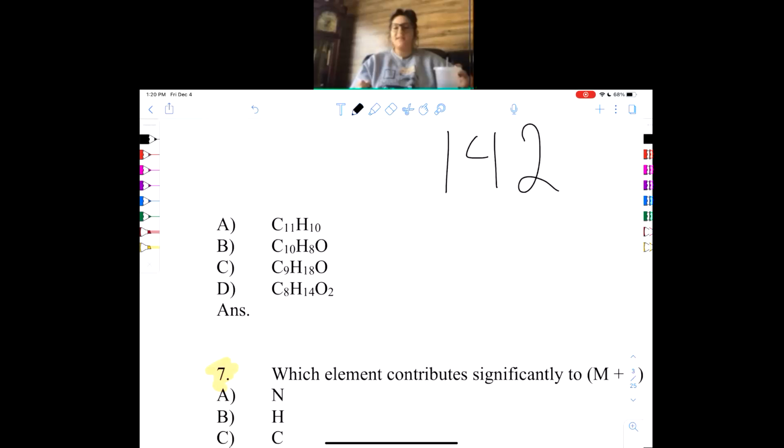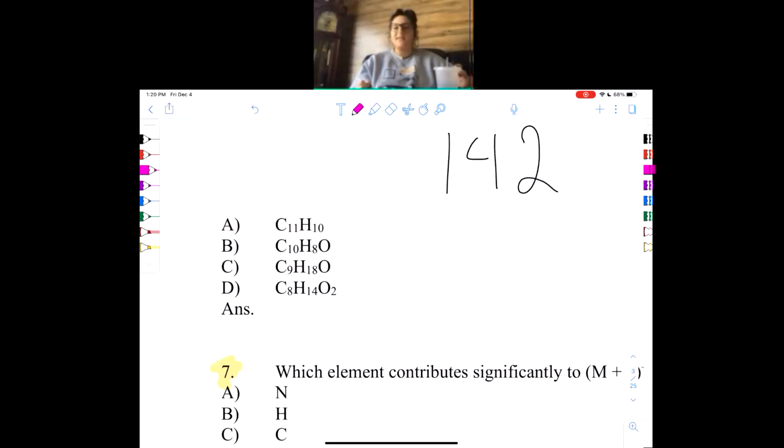And we would do that, for example, by saying carbon has a mass of what? 12. They're going to do 12 times 11 plus 10 times 1. And we're going to go ahead and do that for each of these. So 12 times 10 plus 8 times 1. And then what's the mass of oxygen?